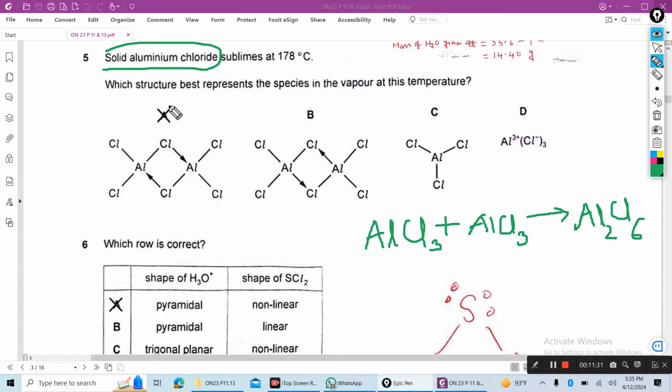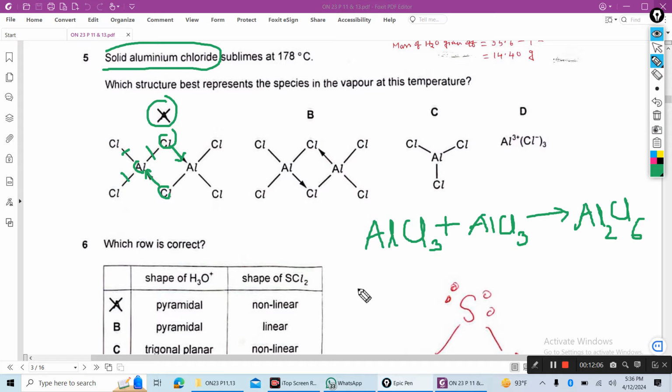So here A is the correct answer, because aluminum is a group 3 element, so it can form 3 covalent bonds. Now you see this aluminum 1, 2, 3, and this chlorine donates one lone pair of electrons to form one dative bond, and this chlorine gives one lone pair of electrons to this aluminum to form another dative bond.